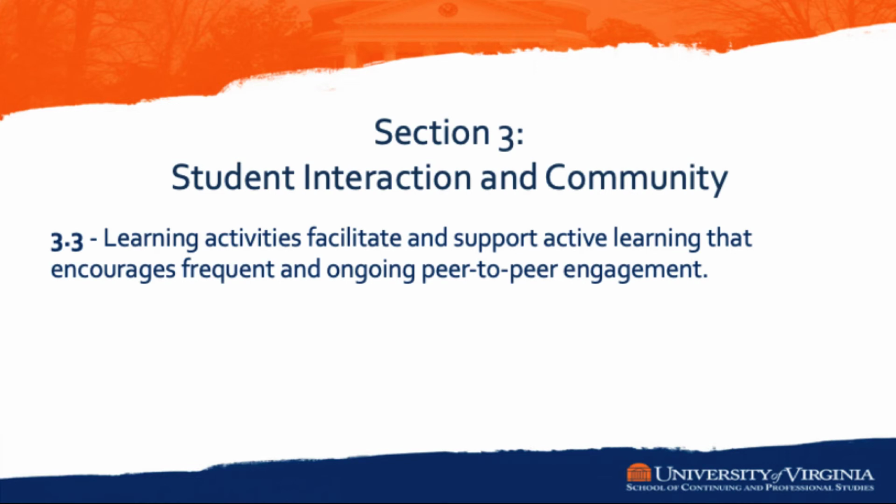The last objective of student interaction and community is that learning activities facilitate and support active learning that encourages frequent and ongoing peer-to-peer engagement. As you know, a group project can be a good example for this objective.